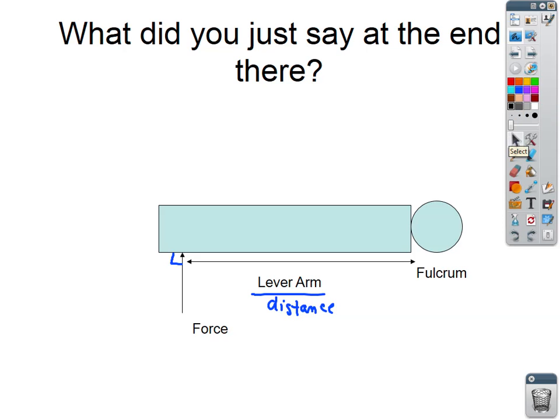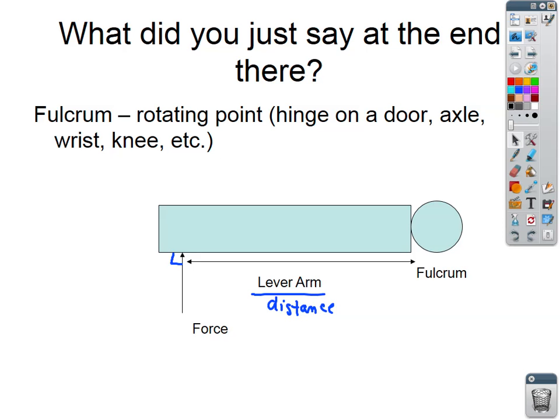So let's get all these definitions out. The fulcrum itself is that rotating point. There must be some point that the object is going to rotate around, and that is the fulcrum. Hinges on a door, axles, you can see all the examples here.